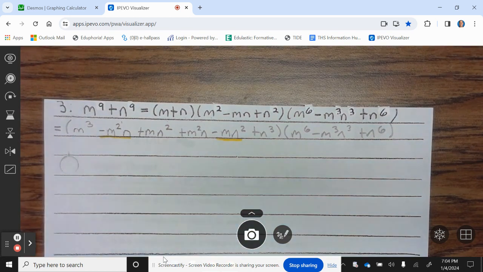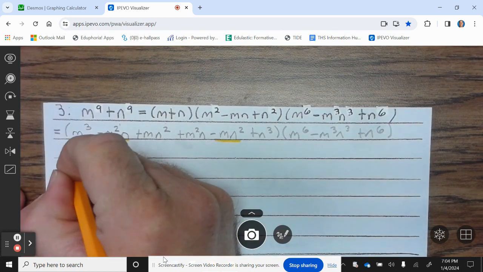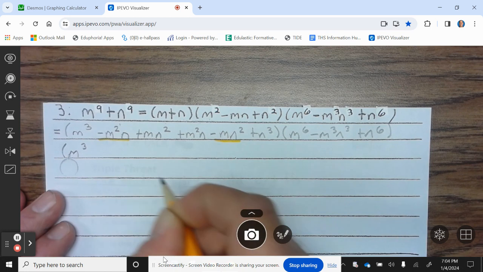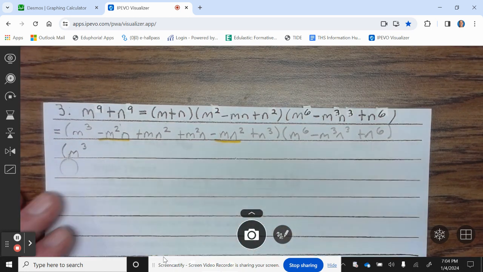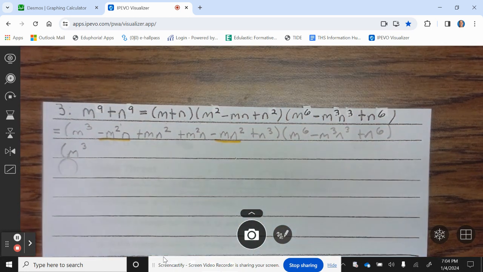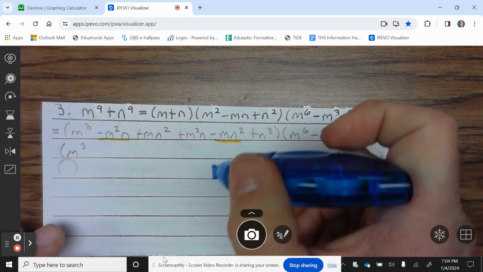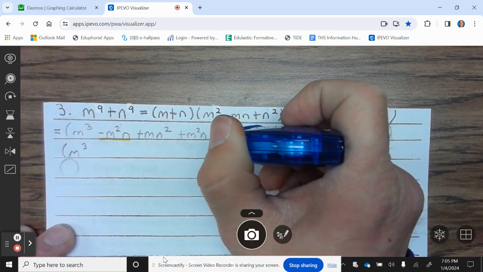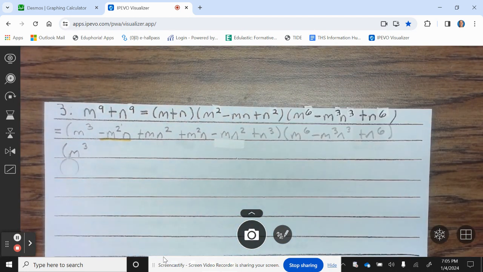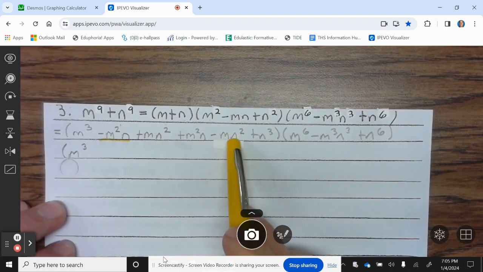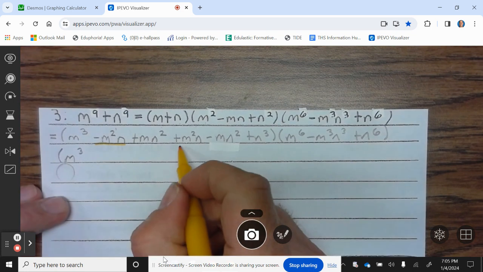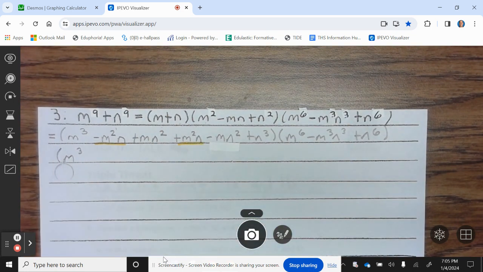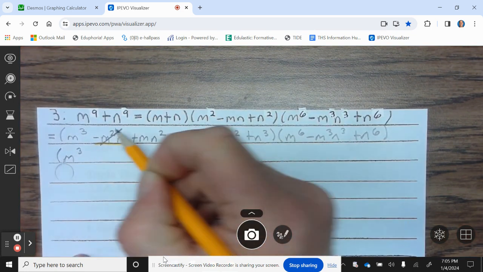We can combine that, so then that's m cubed minus, oh wait, hold on. Be careful. It's easy to combine the wrong thing. That doesn't have a squared. This has a squared. And we can see that these cancel.